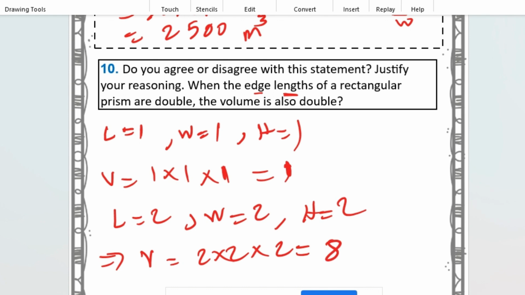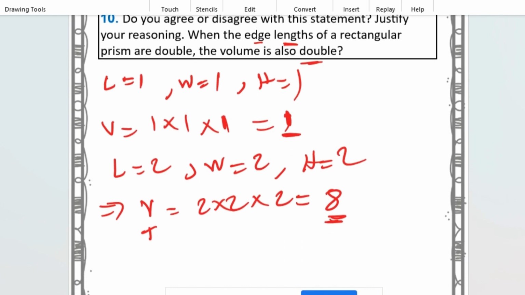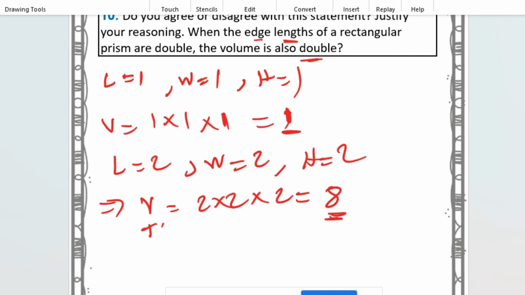This will be 8. Therefore, 8 is how many times 1? 8 is 8 times 1. So this statement here that the volume is doubled is wrong. The volume is 8 times as much.